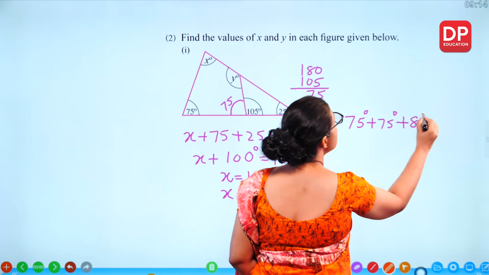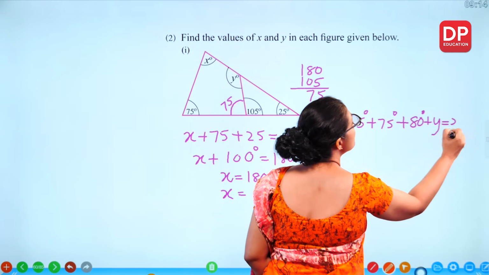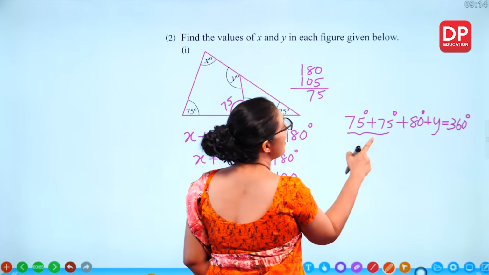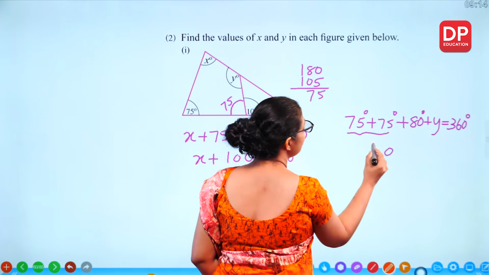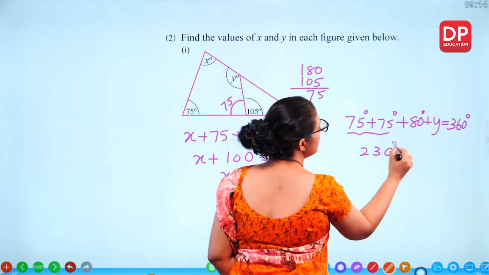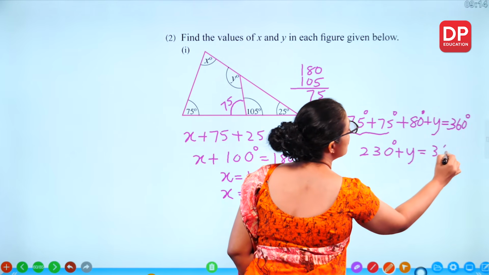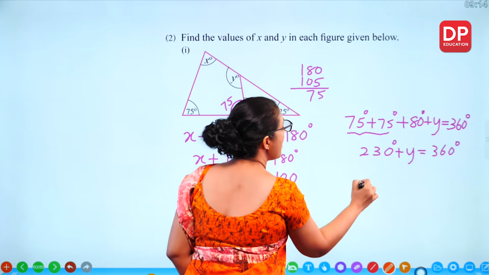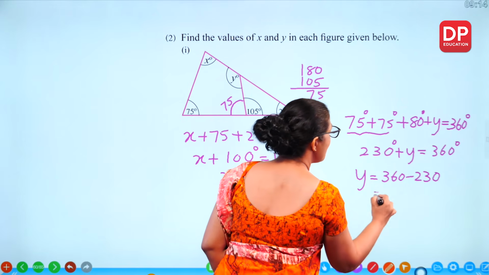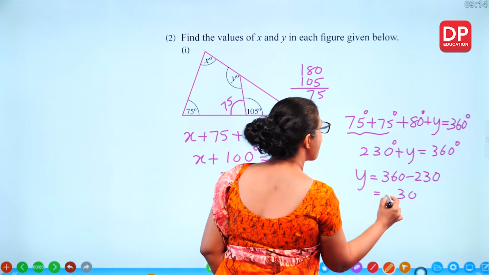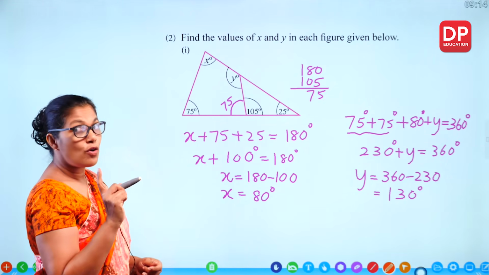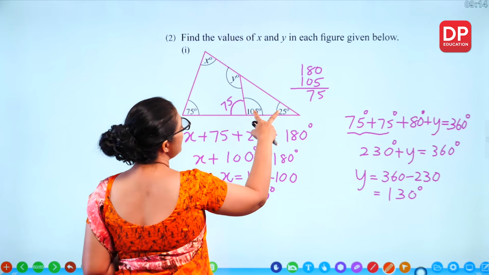X we found 80 and y is equal to 360. 150 plus 80, 230. That is equal to 360. Now subtract 230. You get 130 y value.